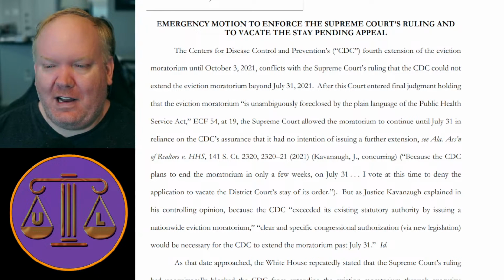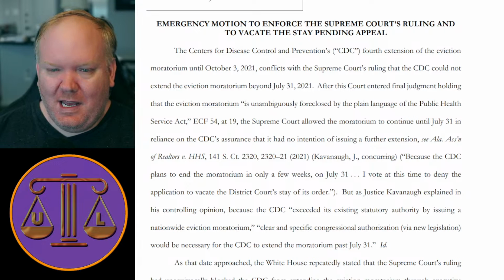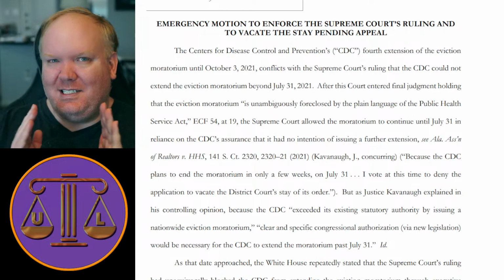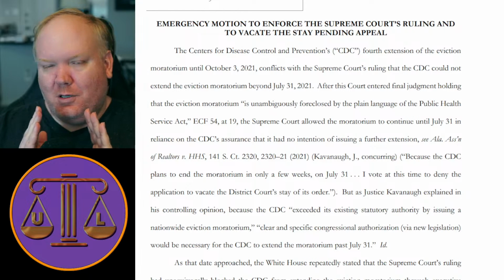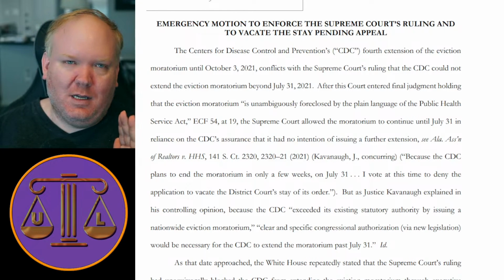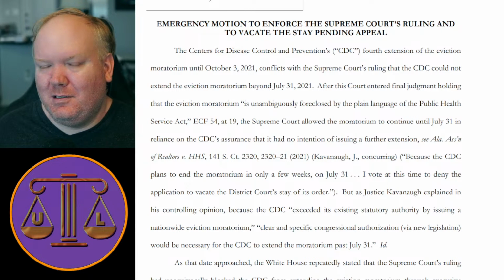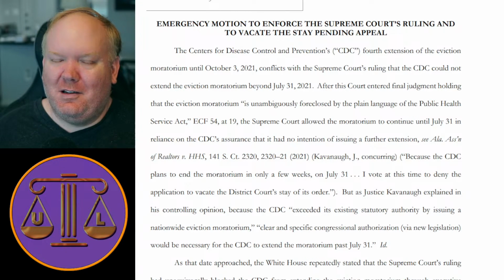After this court entered final judgment holding the eviction moratorium is unambiguously foreclosed by the plain language of the Public Health Act. Yeah, I've read it many, many times. It says the CDC has the power to cleanse things, to sanitize things, to destroy tainted articles, and so forth and so on, right?